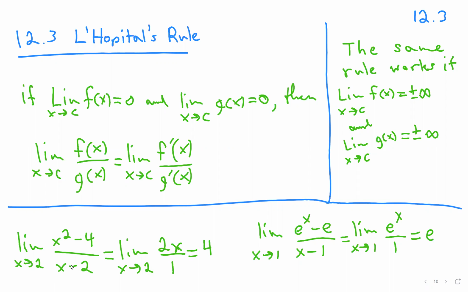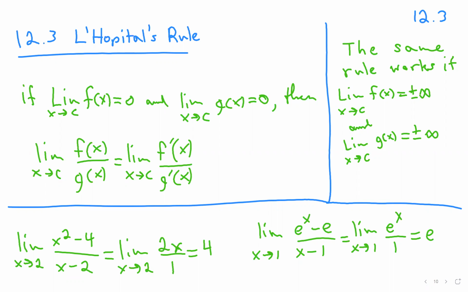Taking a limit of x plus 2 would show that we would actually have a value of 4 if we were able to plug that gap that currently exists in this function. And so that just confirms that L'Hopital's rule works, at least for the value that we see here. It doesn't prove it for all cases, but it proves that it works the same for this case.